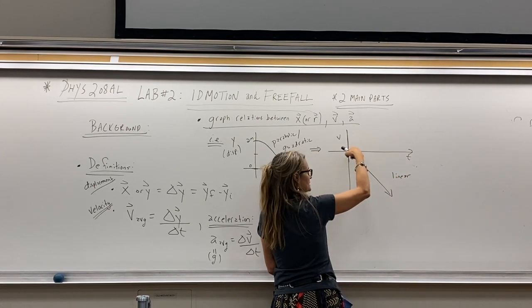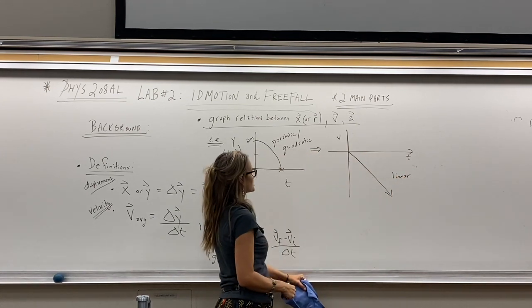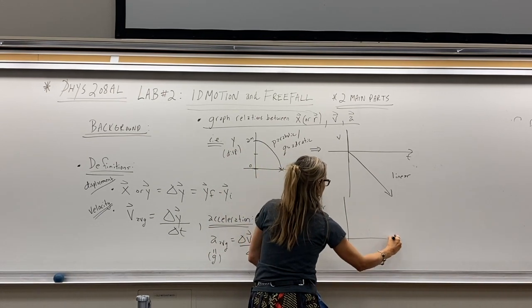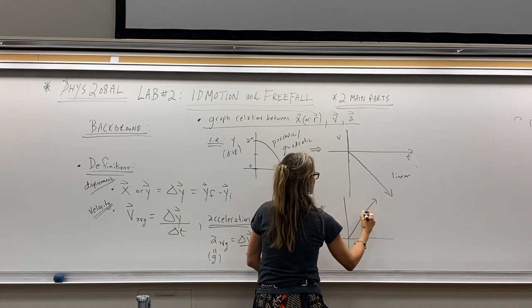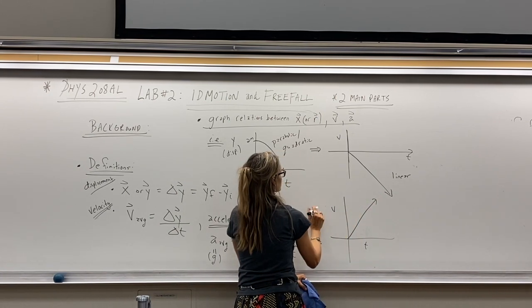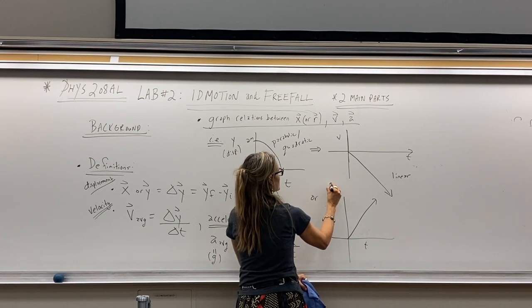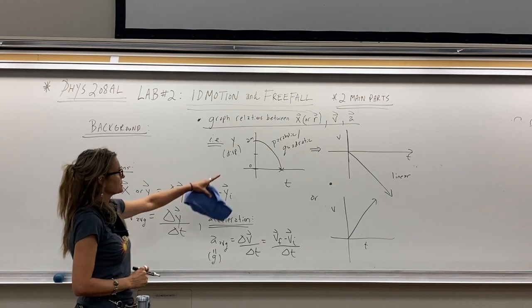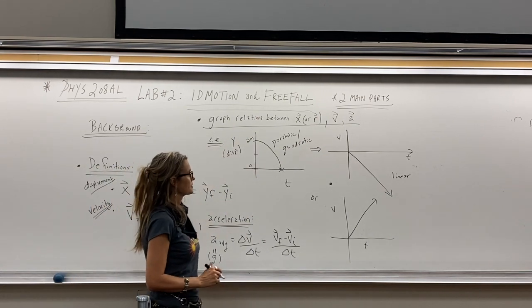Here we have it speeding up in the negative direction, or in some cases we can have it speeding up in the positive direction. So it could be either one, and it just depends on how you choose your reference frames here.